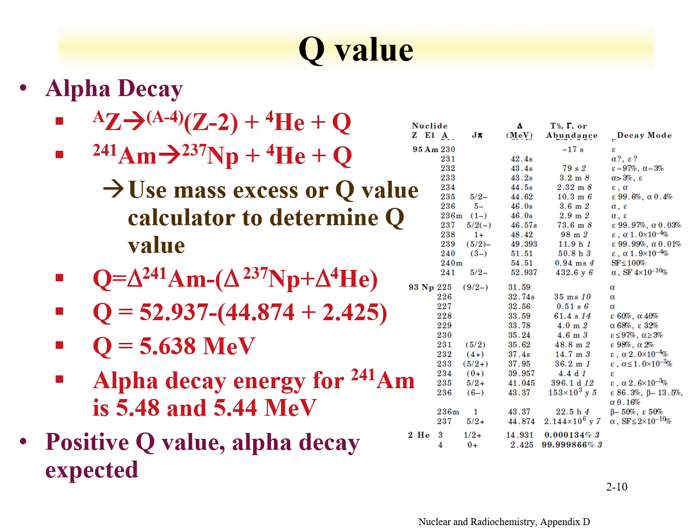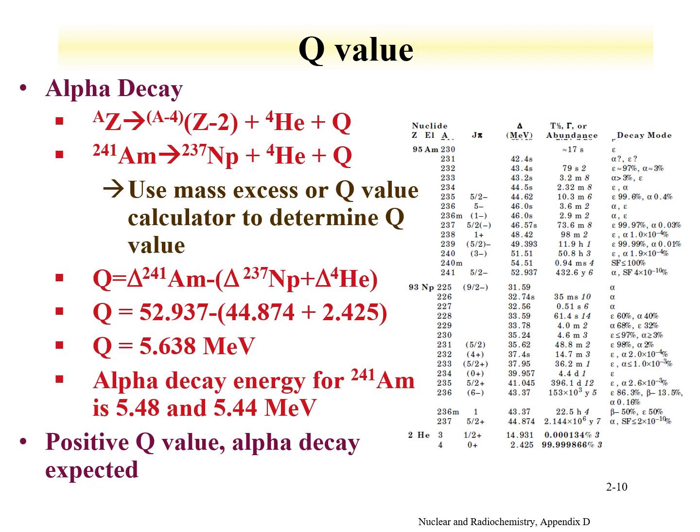So let's consider the alpha decay of americium-241. It decays to neptunium-237 and the alpha particle. So the Q value is equal to the mass of the parent minus the sum of the progeny mass and the alpha particle mass.